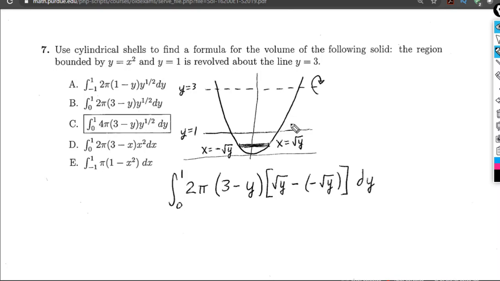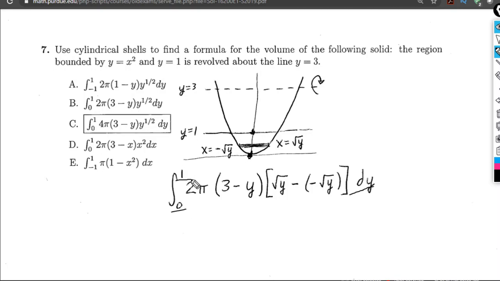Then we can set up the equation. Since it's dy, you need to solve the equation for y, or you can just look at this graph and tell that y equal to 0 is one point, and y equal to 1 is the other, which gives the bounds.